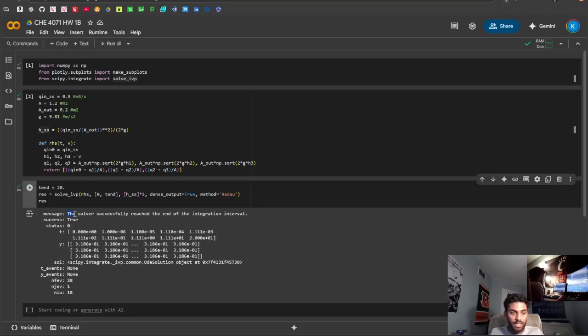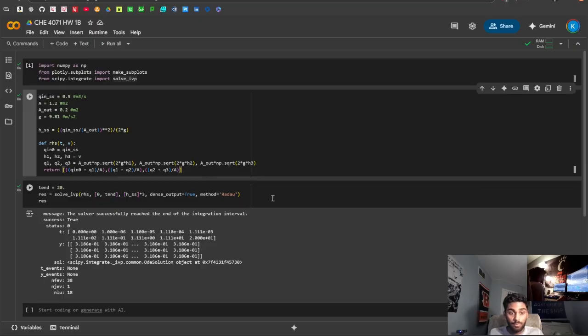As you can see, it says the solver successfully reached the end of the integration interval, and we now have a set of values for each of the three things that we wanted to return, which is our three heights over time. Now, you look at this and you say, well, these are all equal to each other.